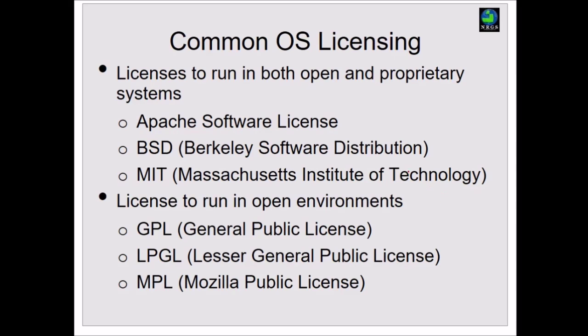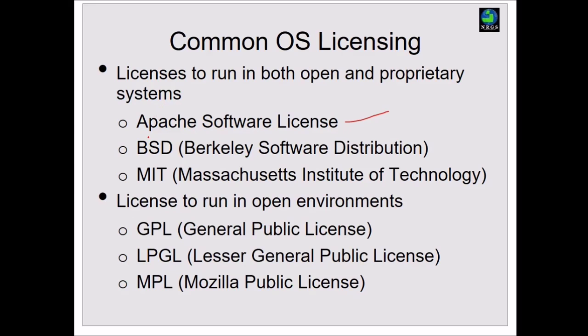There are various licenses for common open source software. First, licenses to run in both open and proprietary systems, like the Apache Software License, BSD, Berkeley Software Distribution, and MIT, Massachusetts Institute of Technology.